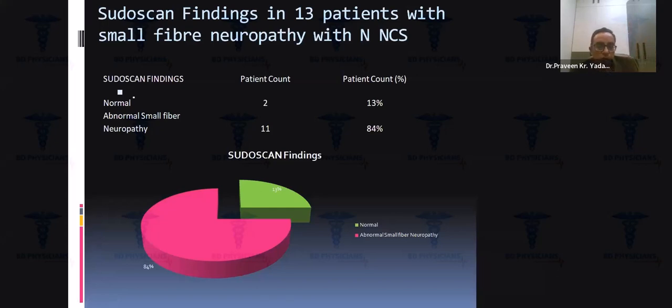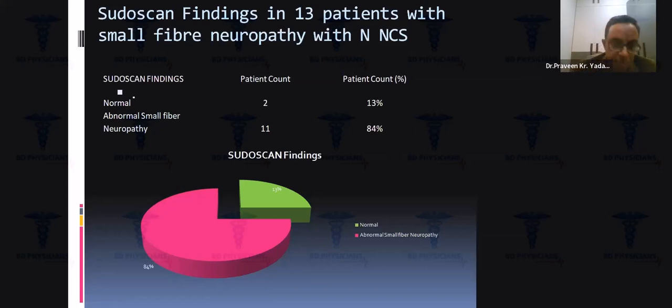We had 13 patients, and as you can see here, the nerve conduction study was normal in 11 patients. In these patients, when we did the pseudoscan test, only 2 patients were normal, but in the rest of the patients we could find out that they had a neuropathy.